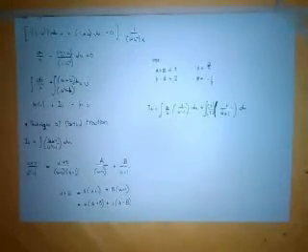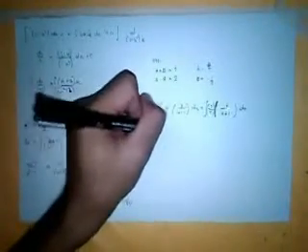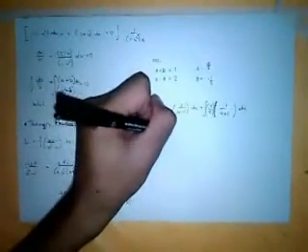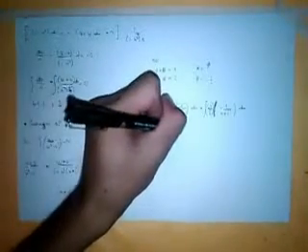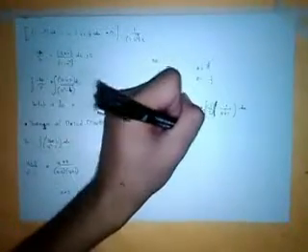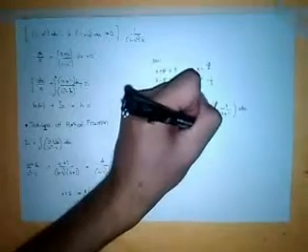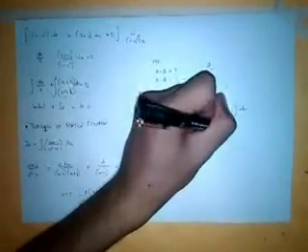So this is simply 3/2 of ln of u minus 1 minus 1/2 of ln of u plus 1.